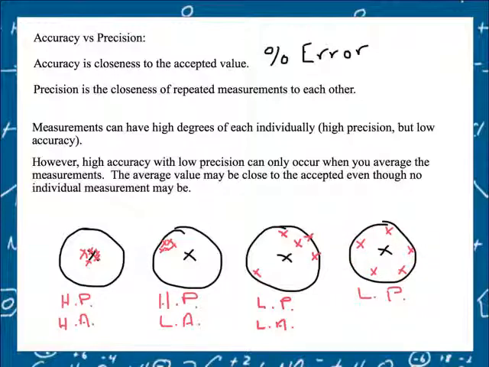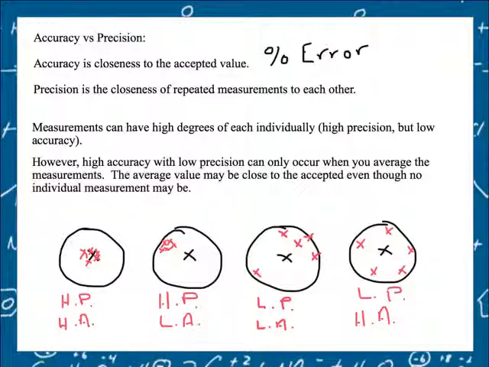If we average this, the average value of those 5 points would be very close to the accepted value. So this would be high accuracy on average. No individual point could be trusted, but the average of all the points could be trusted.